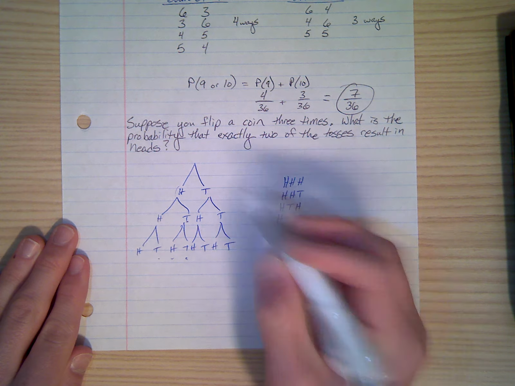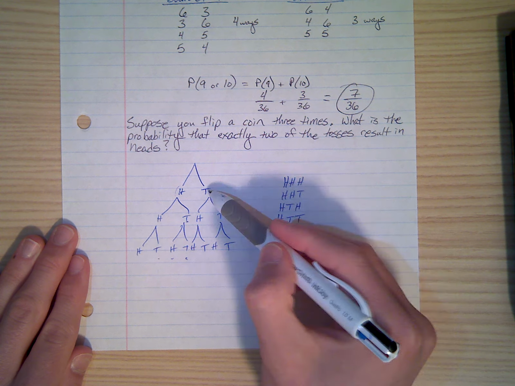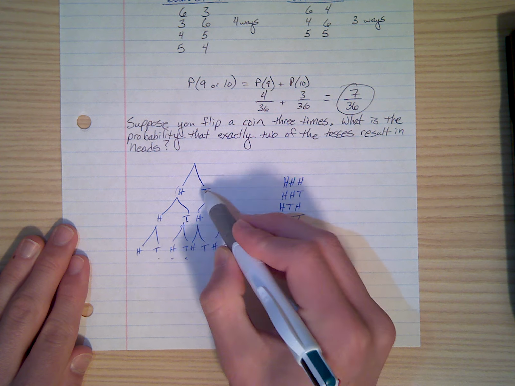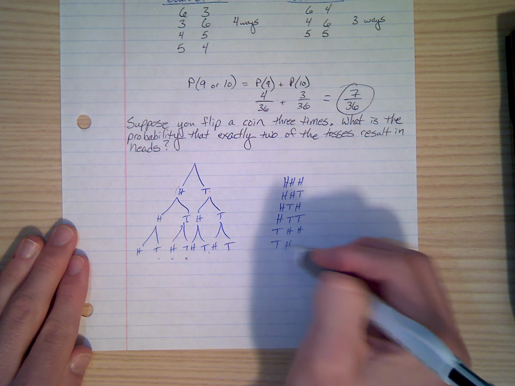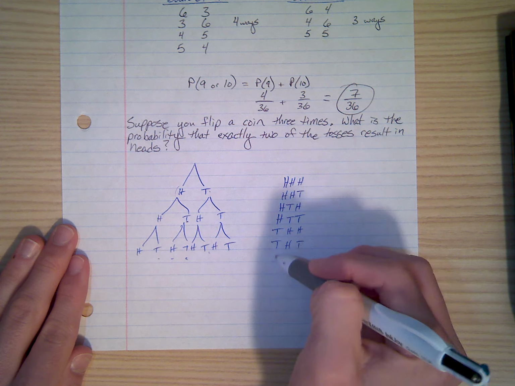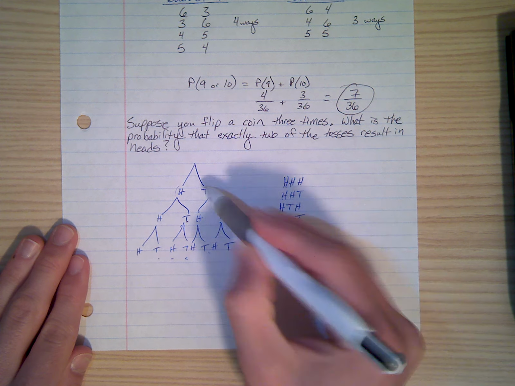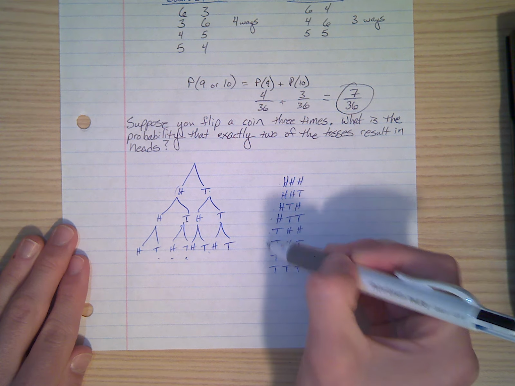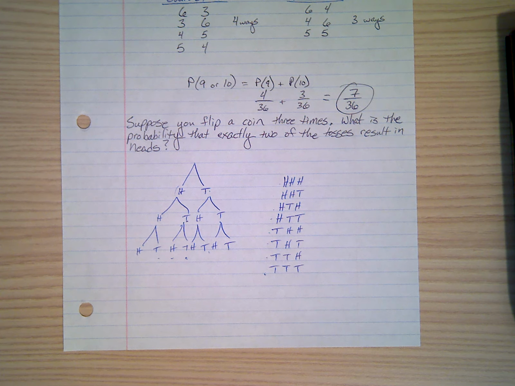Again, just following the branches down. You could go tails first and then get 2 heads. You could go tails, heads, tails. Tails, tails, heads. And tails, tails, tails. That's 8 possible outcomes from flipping the coin 3 times.